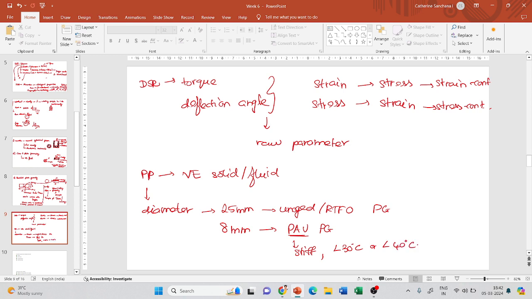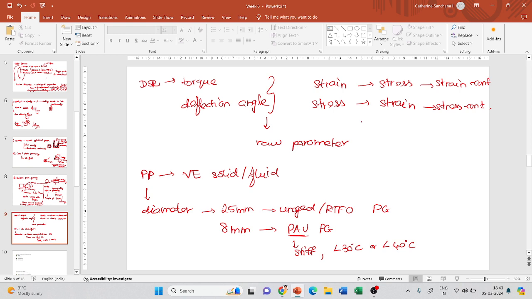So you have to go with an 8 geometry because my sample will be very stiff at such temperatures. What will happen if the sample is stiff? It will require more torque, and there are possibilities that the equipment torque limit might be exceeded.